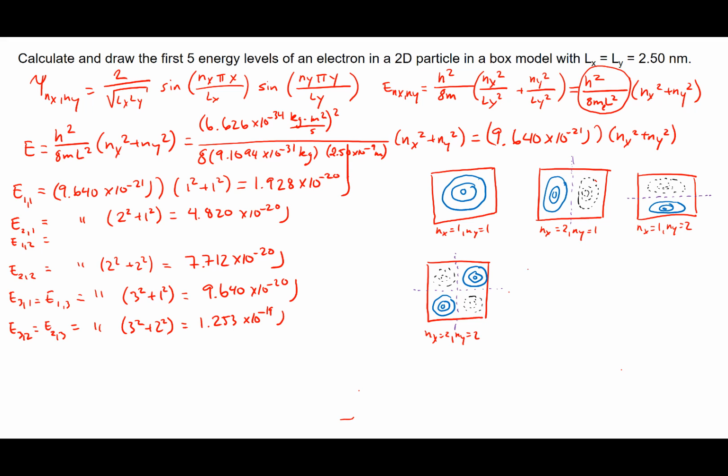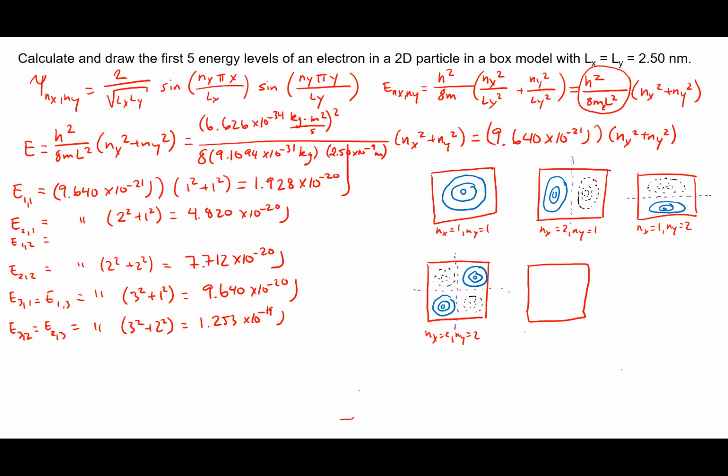And so then if we want to look at what those look like, if we were to draw those out, again, you just simply treat it as if it was two different 1D parts where you're trying to draw in your nodes. And so if we have nx equal to 3 and ny equal to 1 energy level, you're going to have along x 3 nodes. So you're going to have 1 and then 2 here.